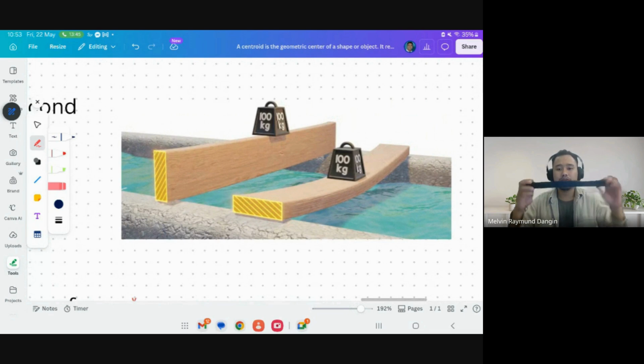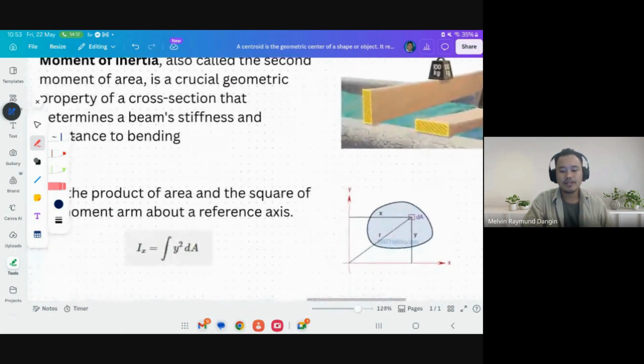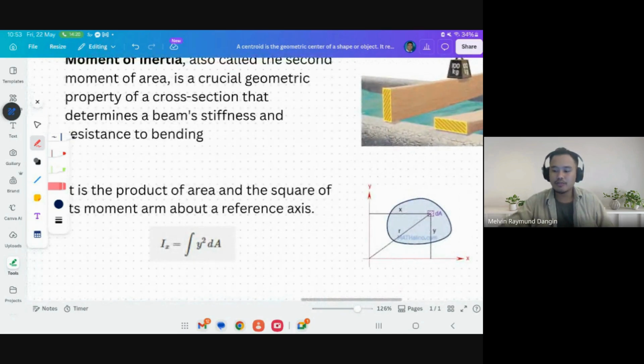If I lay it flat like this and bend it, it makes a lot of bending. But if I put it this way, with the longer side of the cross section going up, it wouldn't bend as much, right? Though it still bends because it's foam. But if you have harder materials like steel, or in this case wood, it would really resist that bending. You could actually resist more load just by reorienting how you arrange your geometry.